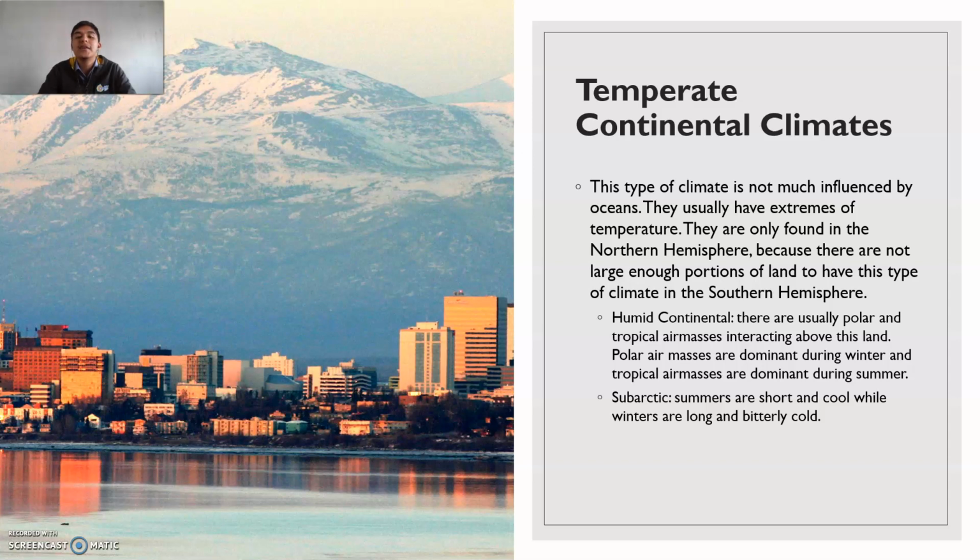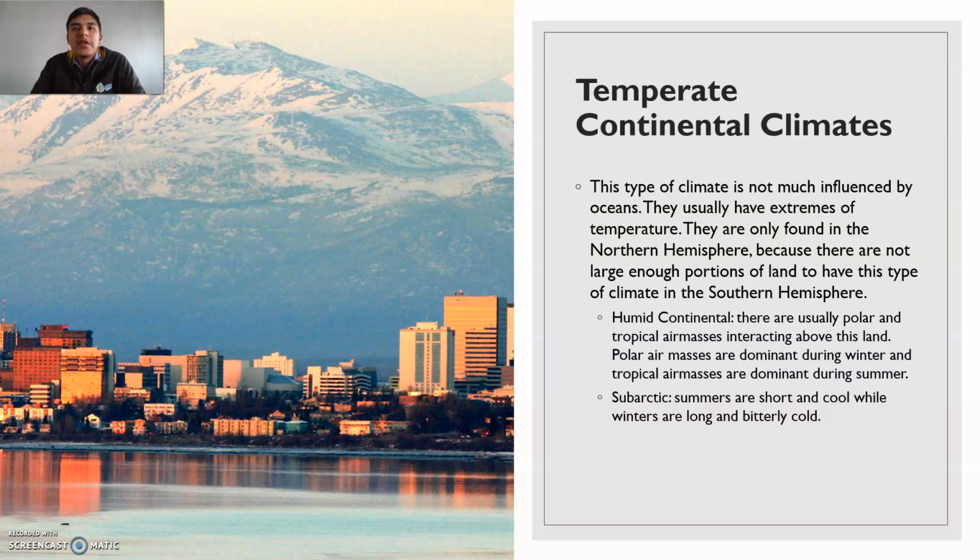They are only found in the northern hemisphere because there are not large enough portions of land to have this type of climate in the southern hemisphere. In order for this climate to exist, you need a very large portion of continental land.